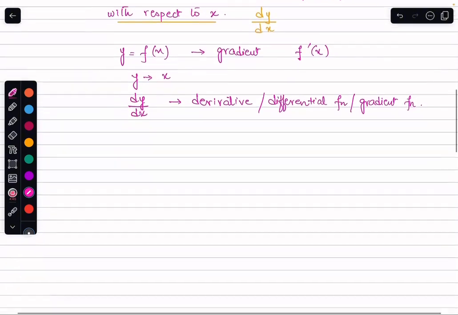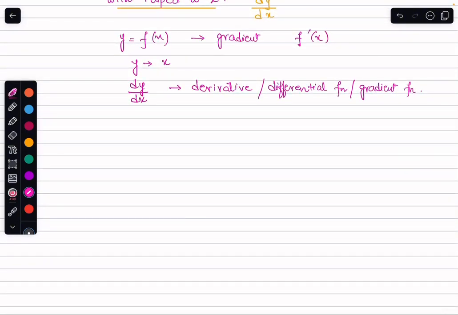Let's start. If you are given the function y equals x to the power n, then to get dy by dx, I should multiply the coefficient of x by n, and the power gets reduced by 1, meaning this index here gets 1 less.